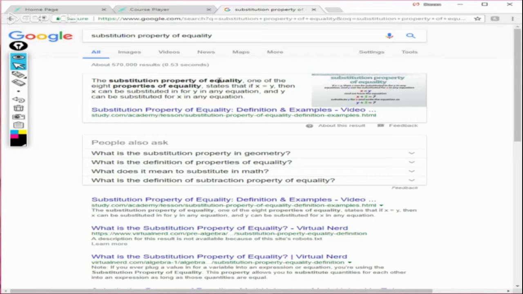The substitution property of equality, one of the 8 properties of equality, states that if x equals y, then x can be substituted in for y in any equation, and y can be substituted for x in any equation. So that is saying, like, if x equals 2, anywhere you would see an x in your equation, you could replace it with a 2 there.